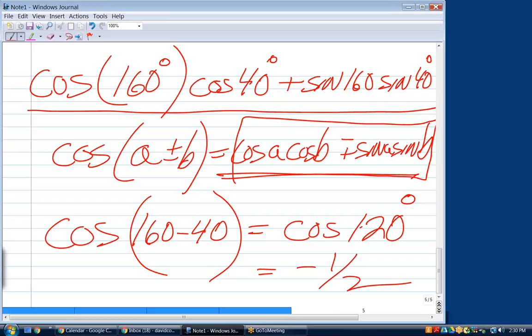The way I do the unit circle is I always figure out what the first quadrant angle would be, and the first quadrant angle would be 60 degrees. Cosine of 60 is 1/2. But then I figure out what the plus or minus sign is in the second quadrant, which is where 120 degrees is. And cosine is negative in the second quadrant.